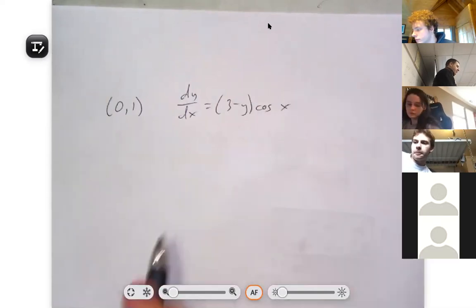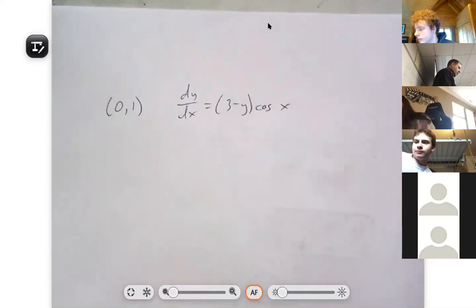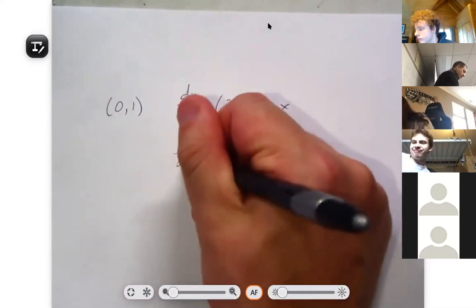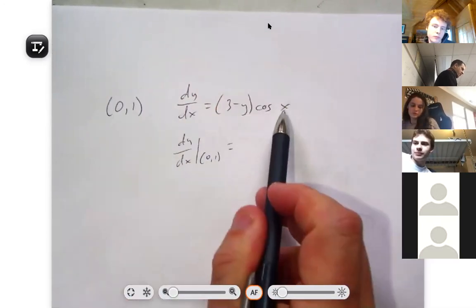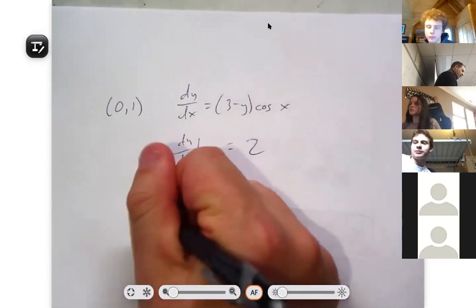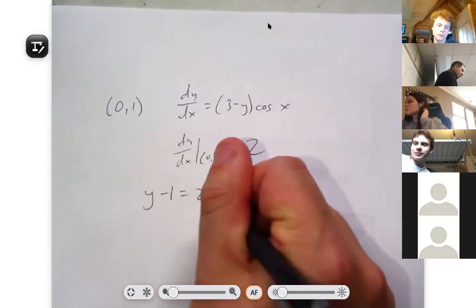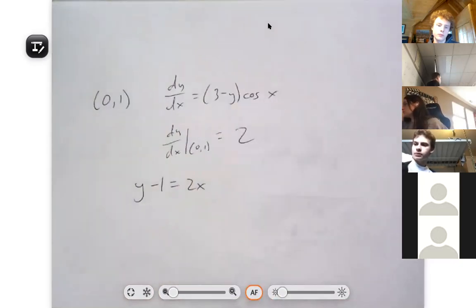We plug (0, 1) into this equation. The derivative at (0, 1): cosine of 0 is 1, so 2 times 1, so 2. That means the tangent line is y minus 1 equals 2 times (x minus 0), so y = 2x + 1.